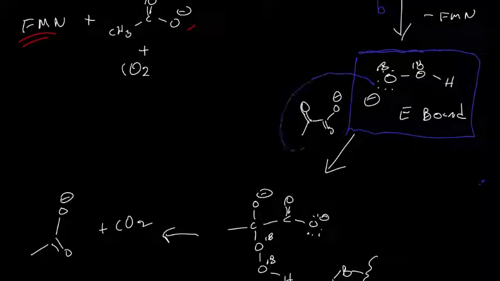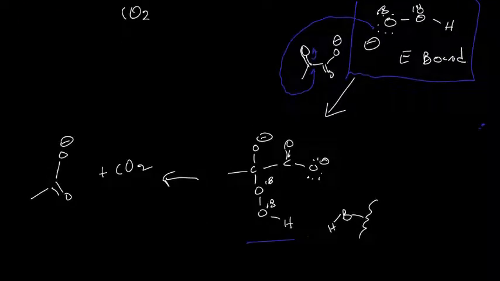It attacks here to generate this intermediate. I included the oxygen 18s down here. And then this does a similar reaction that we saw earlier. This part here generates the water. It has an oxygen 18 in it. And this becomes our carbonyl with the oxygen 18.